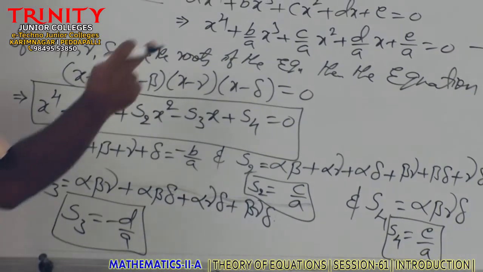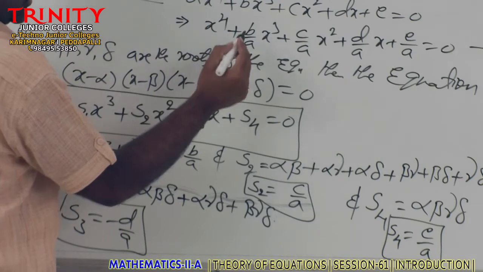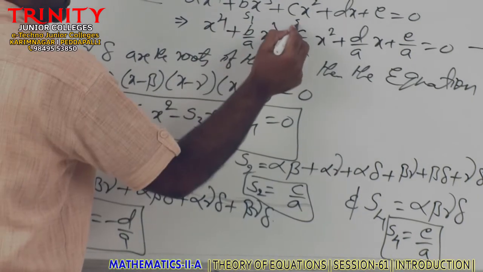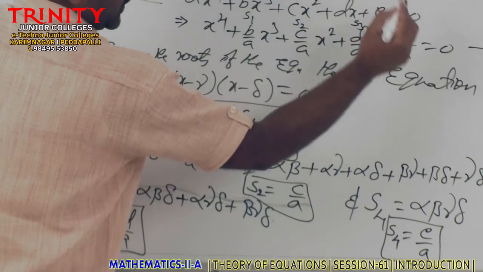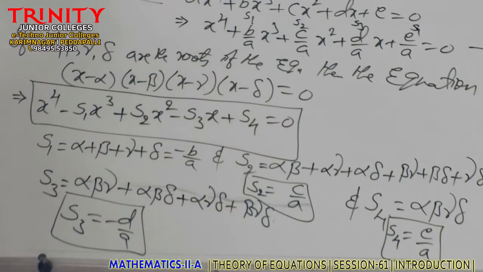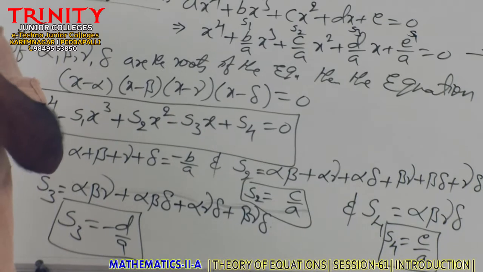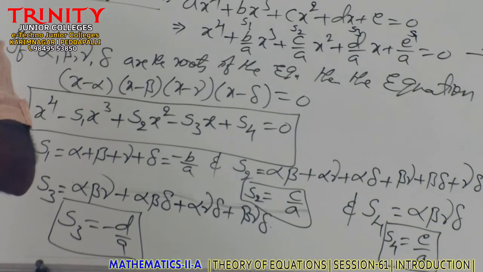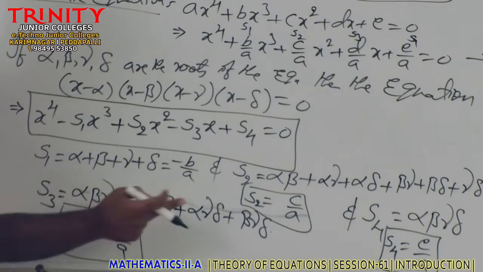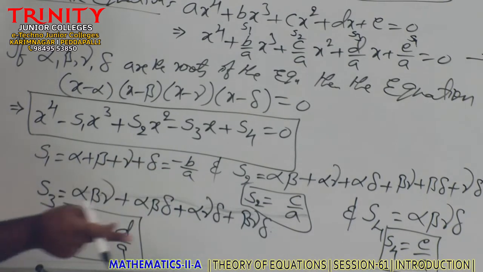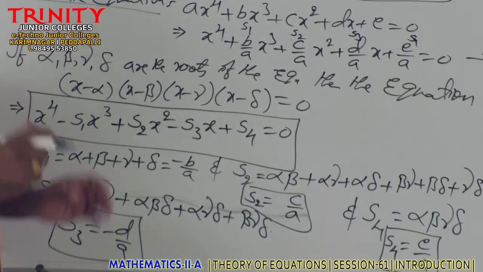Alternatively, we have to take this highest power, then this is S1, S2, S3, and then S4. Odd ones, S1, S3, S5, S7, are what? Negative, minus. S3 minus.